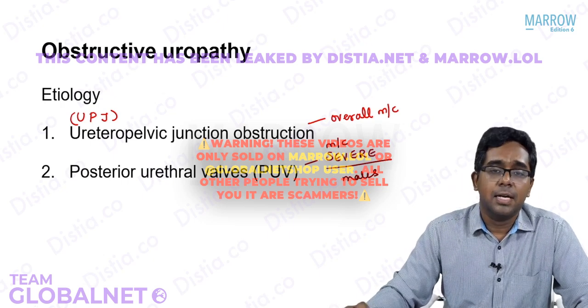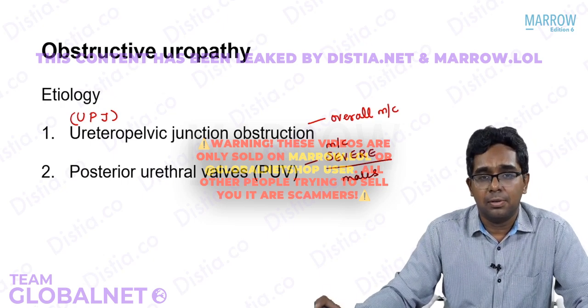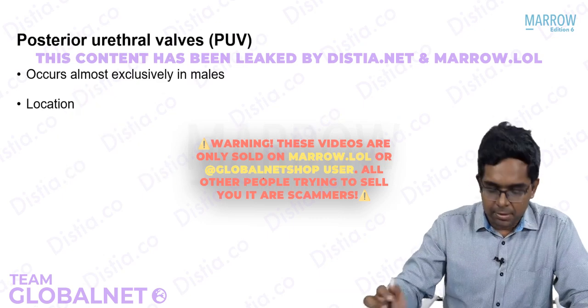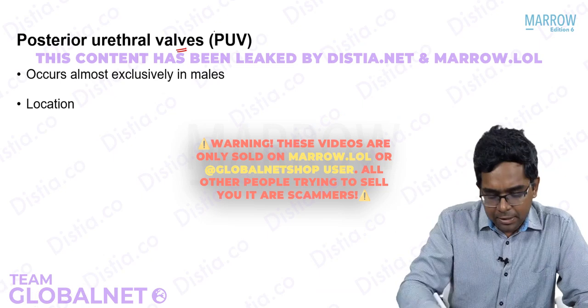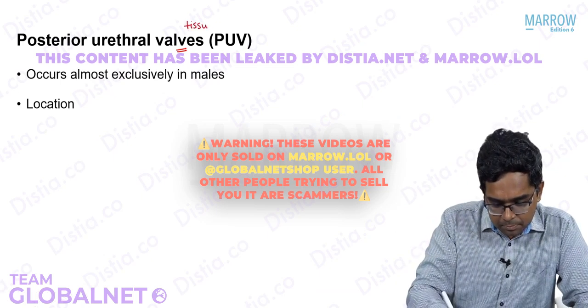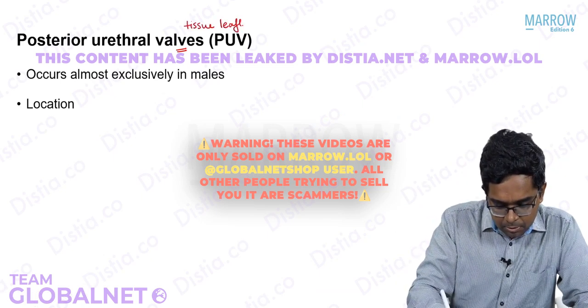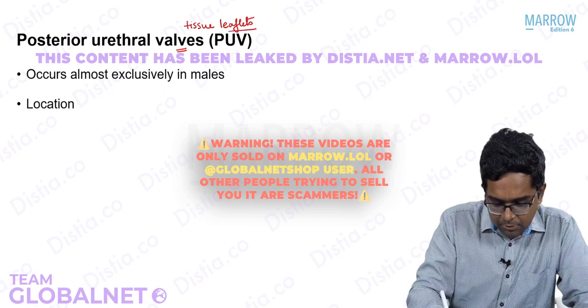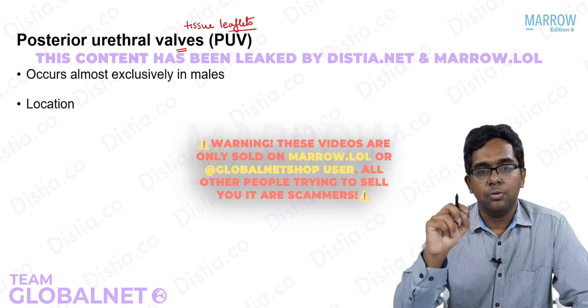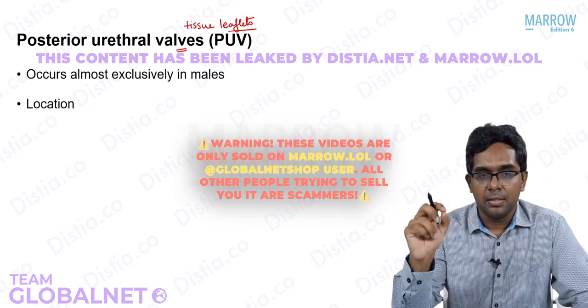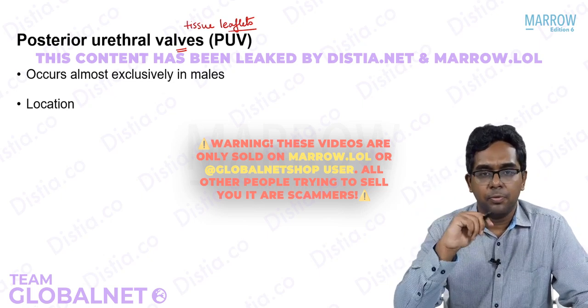Now let us see some salient points about posterior urethral valve in children. As the name suggests, these are valves which are something like tissue leaflets. And these valves or leaflets are causing obstruction to the flow of urine. As I said before, they occur exclusively in males and they cause a severe type of obstruction.